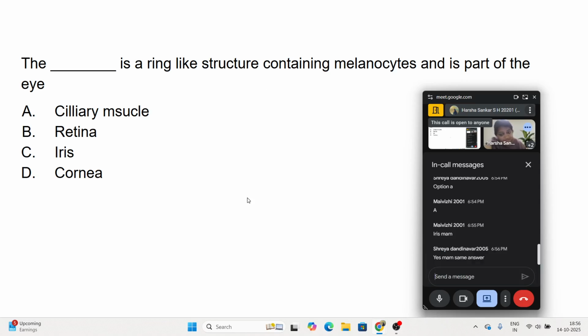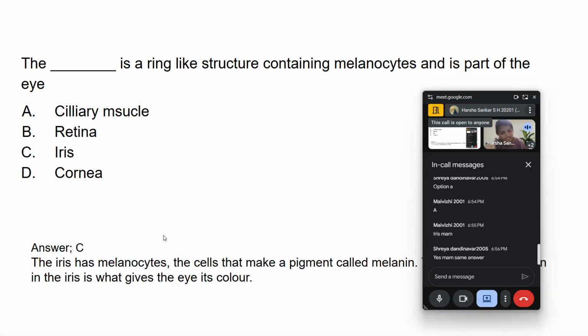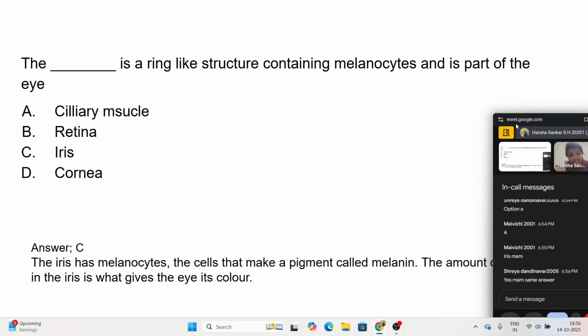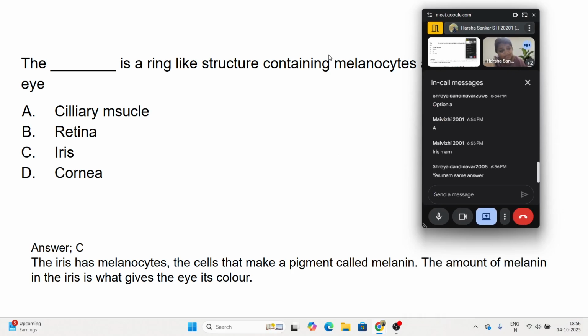So this we have learned when we talked about the eye. The eye was part of the neuronal system and special senses. The first special sense that we learned was about vision. So please refer back to all the things that we learned about the different layers of the eye, what the cell types and subtypes present in each layer are, how each structure maintains the function, how rod cells and cone cells are able to do their function, and what happens during light and dark.